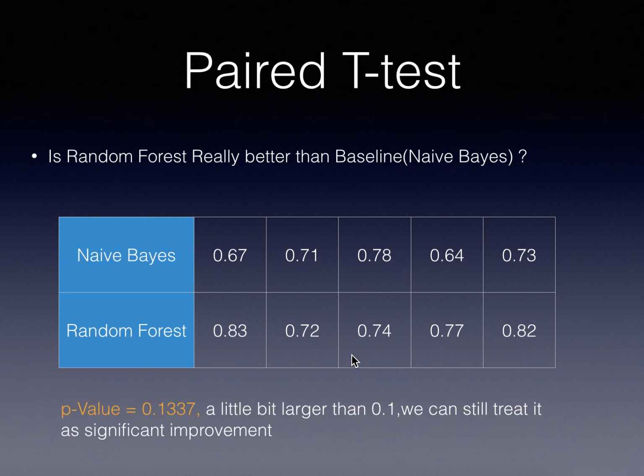But here is a very important step: is random forest really better than AEBS, the baseline? Because we cannot just say that one algorithm is better than another based on the average accuracy. So here, actually, I use stratified k-fold to divide the training dataset into 5 parts, 5 subsets, with each subset containing about 20% of the original training dataset.